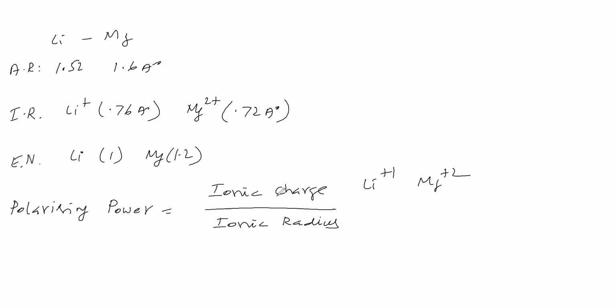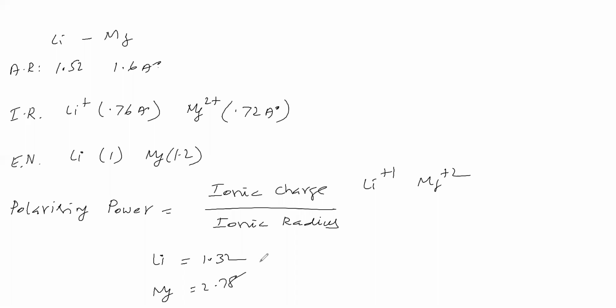That is the relative charge. And ionic radius for lithium is 0.76, for magnesium 0.72. For lithium, polarizing power is 1.32. For magnesium, polarizing power is 2.78.